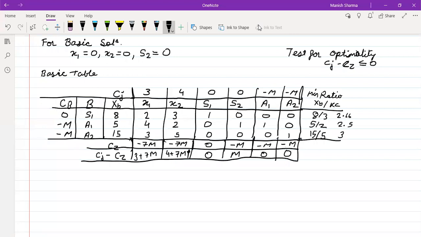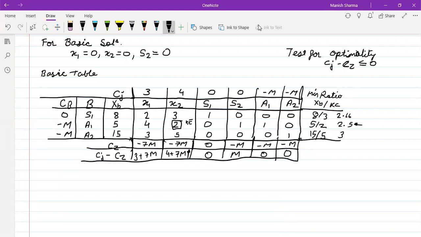So the minimum value is 2.5, that is 5 by 2. So we will mark this as our key row. The intersection of key column and key row will be the key element. You have to encircle the key element. Since it is difficult for me to make a circle, I am making a square. Anything you can use. So this is my key element.